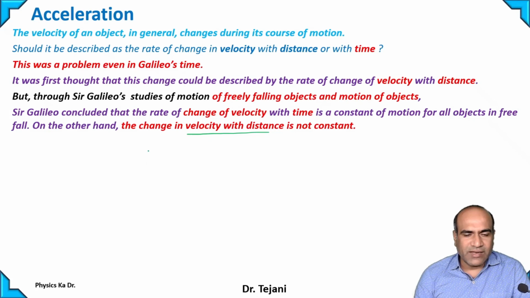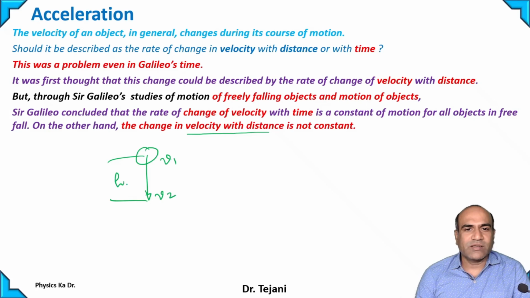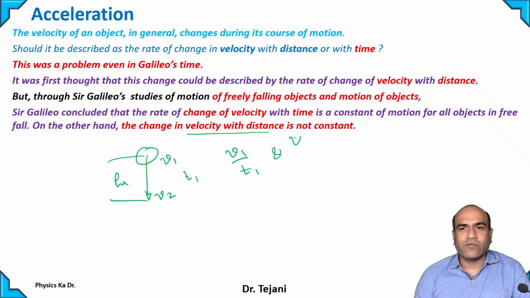And velocity with distance, say for example an apple is falling from the tree. It has some velocity v1 here, velocity v2 here, and travels a distance, say h1, and it takes some time t1. So here we can consider v1 by t1, and we can consider v1 by h1. Again, it moves on, having v3, taking some time t2, traveling distance h2.